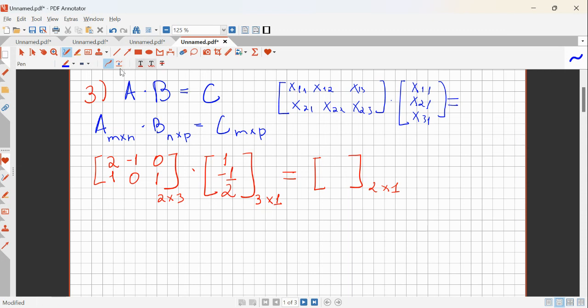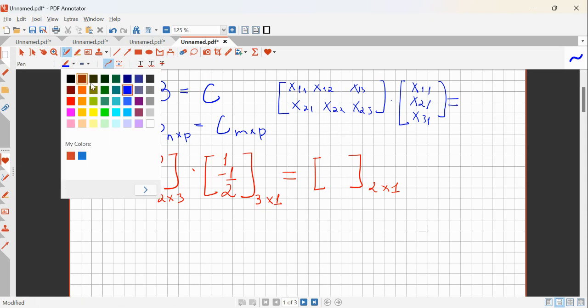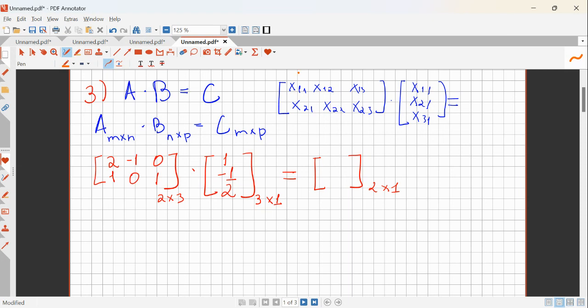So how does it work? Let's highlight with various colors. If you want to receive the number in this position, first we have to multiply this number by this.